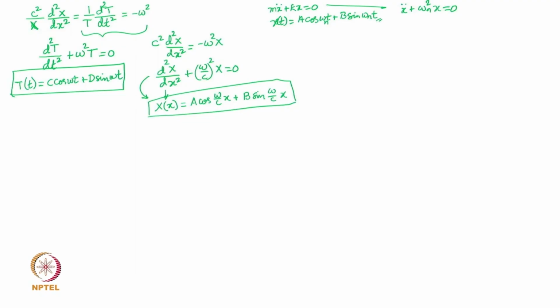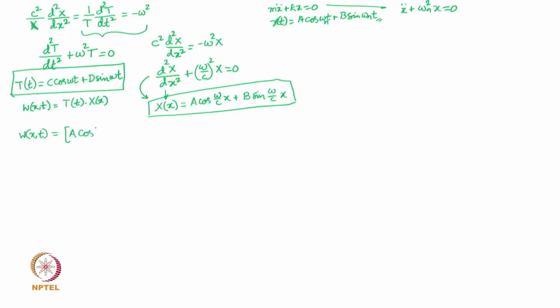Both these functions are independent, two separate functions, one in time, one in x. So obviously, if these are the general solutions of these individual functions, then I can write the vibratory response of the stretched string, because this was written initially through a separation of variables as T of t into X of x. So I'm going to rewrite this as the product of these solutions.